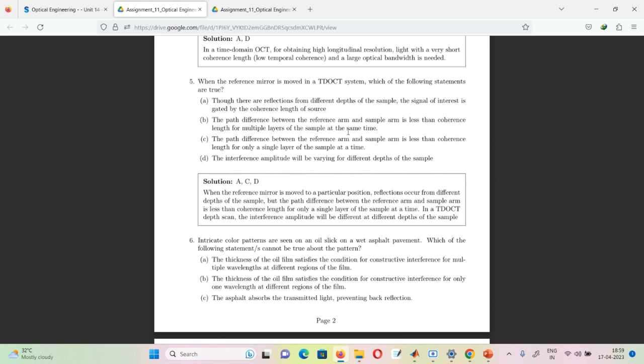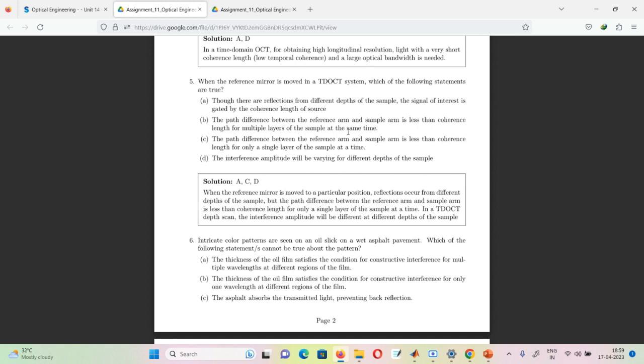The coherence length is the length within which the coherence property of the light is the same. If the light has coherence within the coherence length, it can produce an interference pattern within all that length region. So if your path length is less than your coherence length, you are going to get an image irrespective of your mirror arrangement.